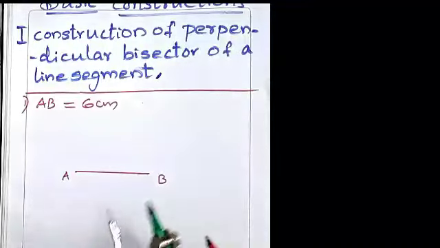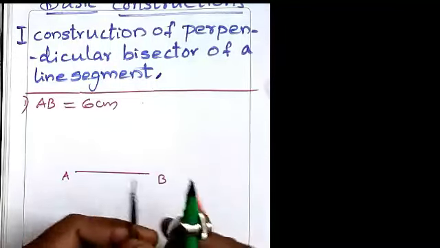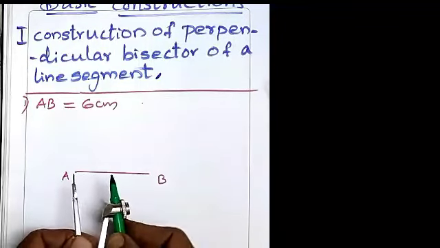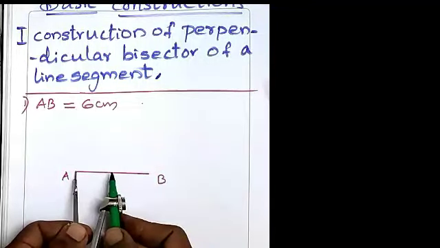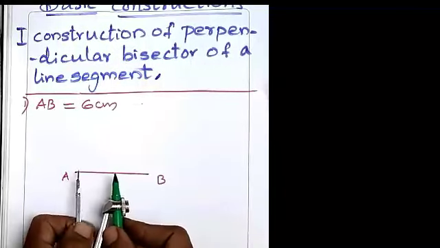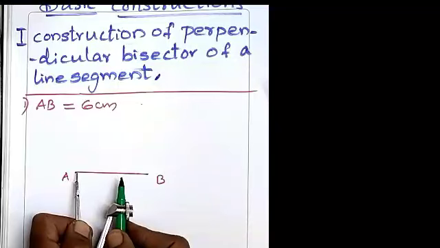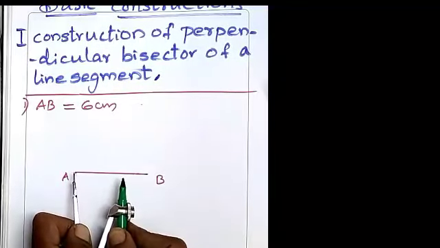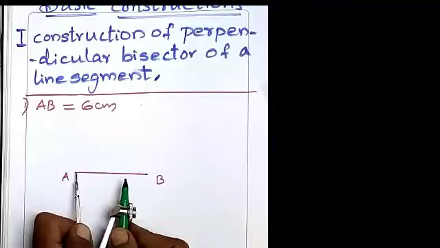Okay, so here you select the compass radius. You need to select just more than half of the length of AB. So keep the metal tip at A and take more than half, approximate only, no need of taking a measure. Approximately more than half of AB we need to select.